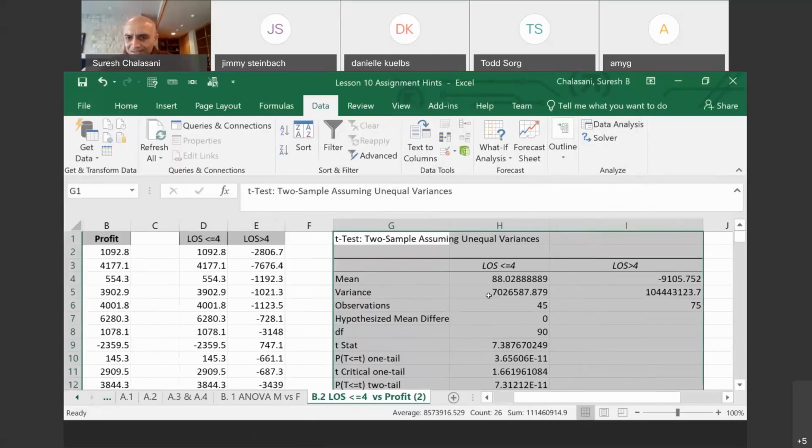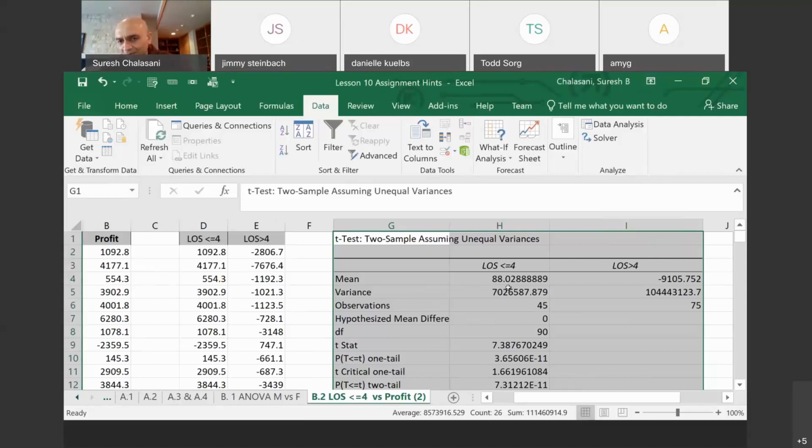Then the variances are about 13 times or 13.5 times that of length of stay greater than 4. So, sorry, 1.3 times or something like that, not 13 times. 13 times would be too much.